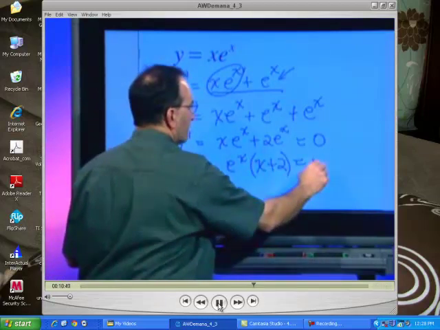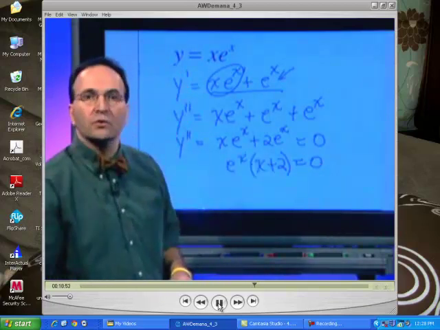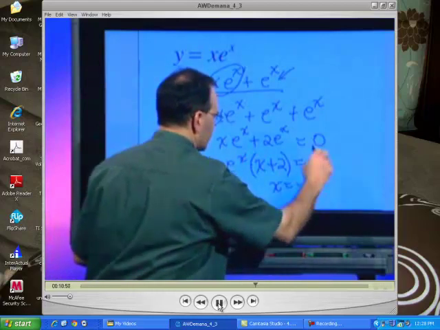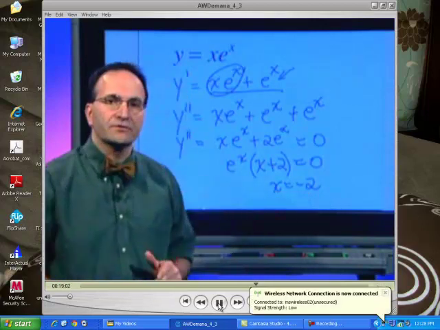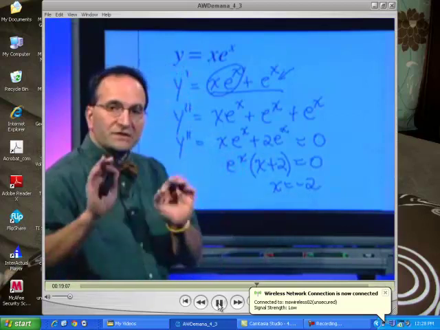And that equals 0. And it equals 0 when? Well, when x is equal to negative 2. So the second derivative is equal to 0 for x equals negative 2, which tells me that that's going to give me my point of inflection. But what's the actual point?